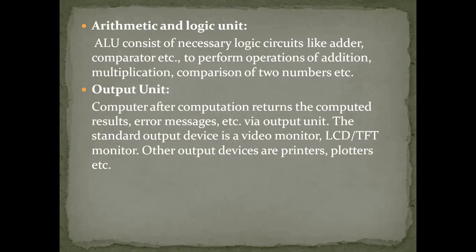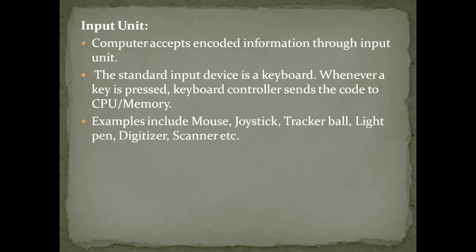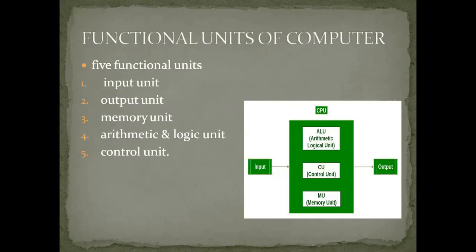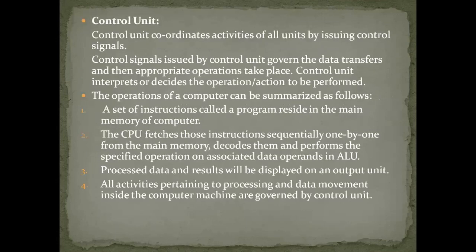So these are the five very important units in a computer: input unit, output unit, memory unit, arithmetic logical unit, and control unit. Finally, the control unit is the main unit for all. It is a coordinator. This unit coordinates the activities of all units by using control signals.